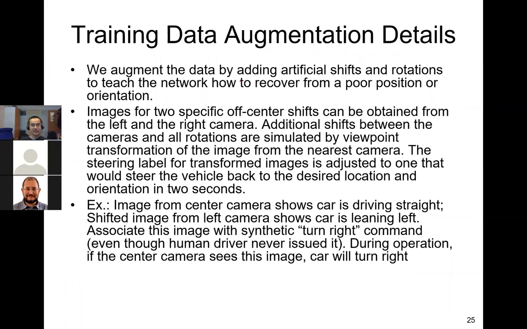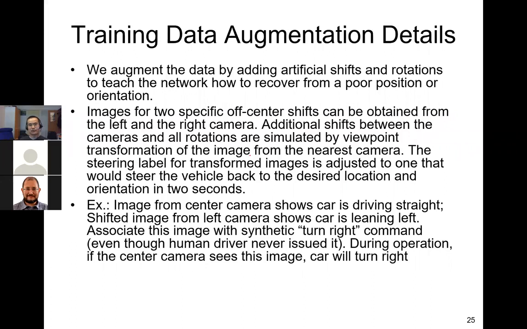You augment the data by adding artificial shifts and rotations to teach the network how to recover from a poor position or orientation. So for the left-right camera image, you have 2 specific off-center shifts to a fixed angle from the center, and then you can do a regression and perform additional shifts between the cameras, and all rotations are simulated by viewpoint transformation of the image from the nearest camera.